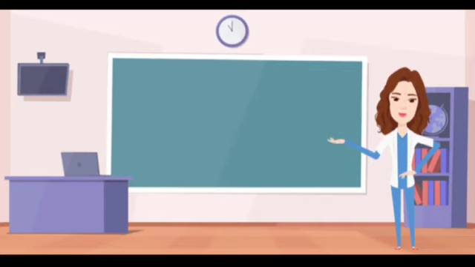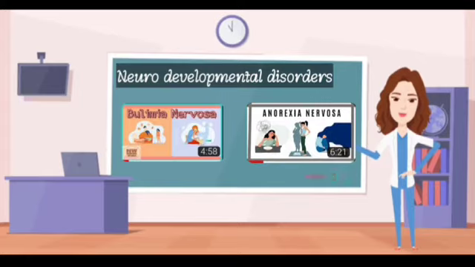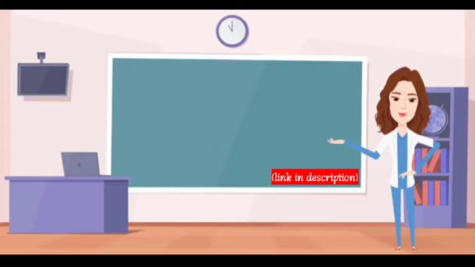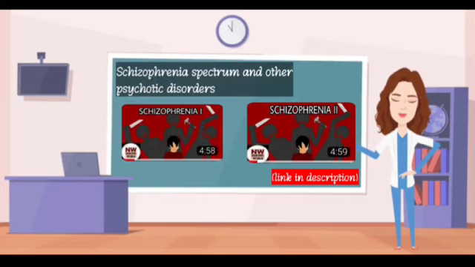And according to DSM-5, there are some codes given to the diagnostic criteria of mental disorders. The first one is 1.2.1, which constitutes neurodevelopmental disorders. Then 1.2.2, which has schizophrenia spectrum and other psychotic disorders.